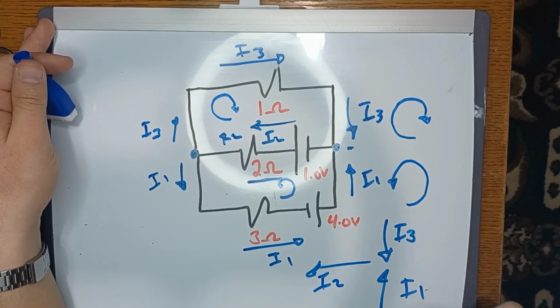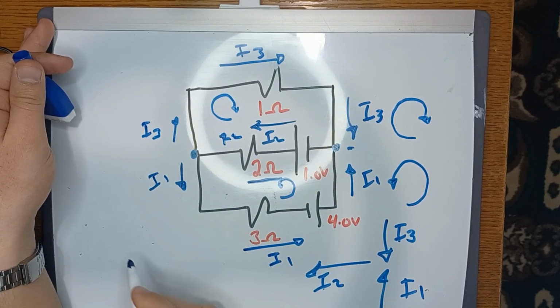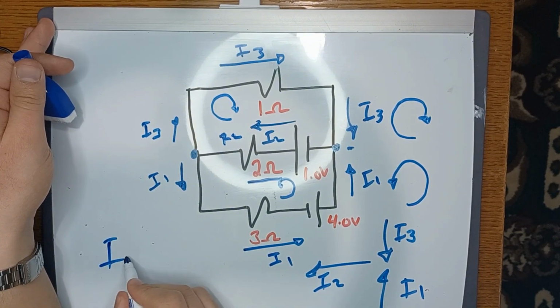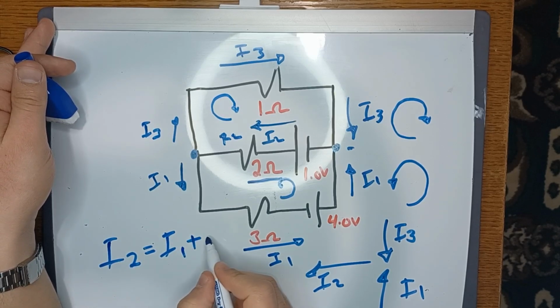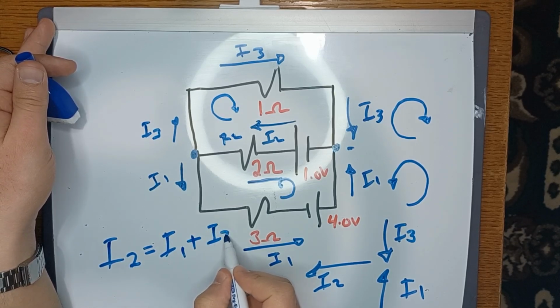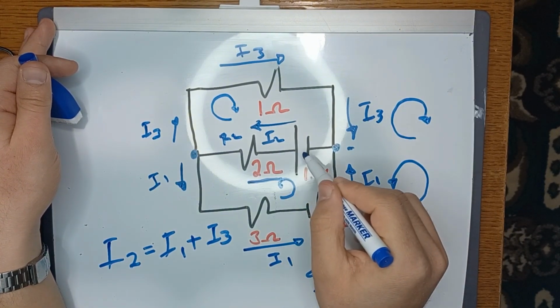Now I3 and I1 make up I2. So when we put them in an equation, it would go like that: I2 equals I1 plus I3, because this and this make up this direction.